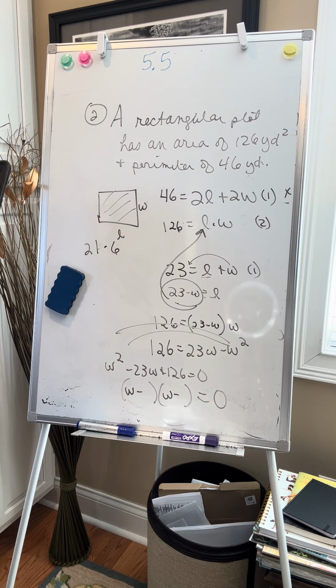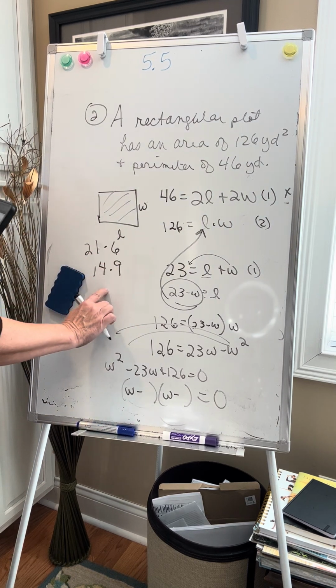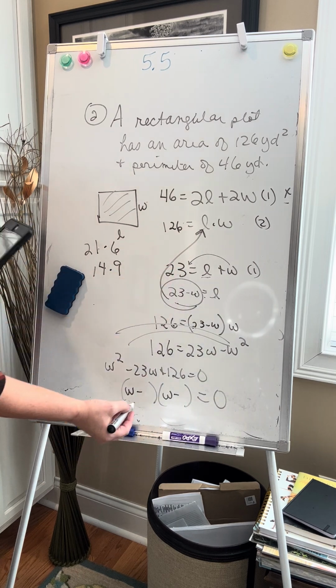I wonder if it divides by 8. It does not. Divided by 12, I might have already tried that. Divided by 13. I'm just punching around until I find something that works. There, I found it: 14 times 9 multiplies to be 126 and also adds to be 23.